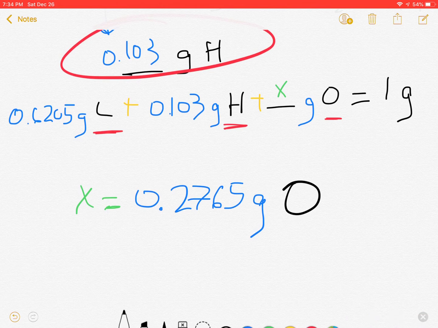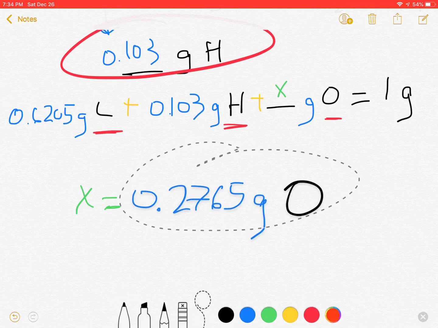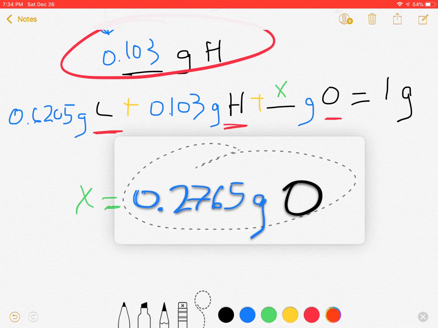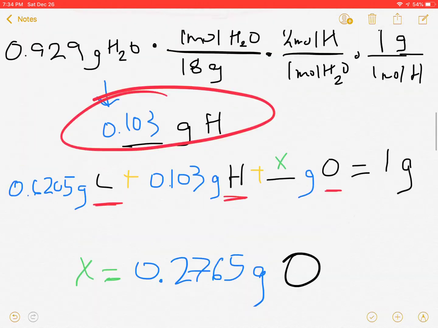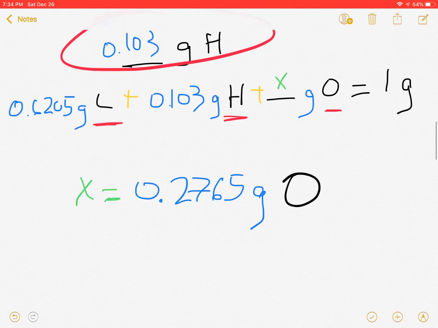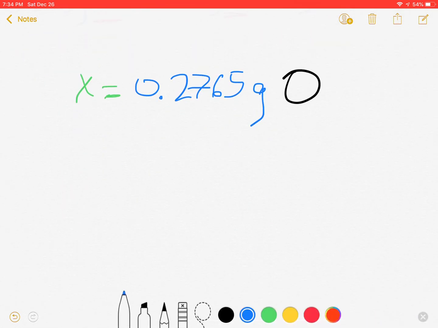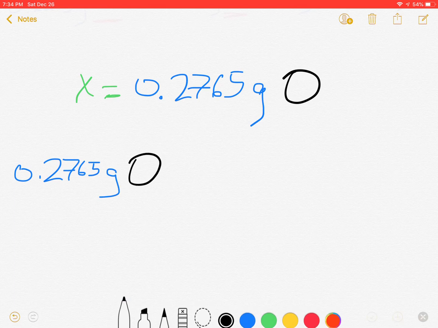So now we've gotten grams of oxygen, and we've also gotten grams of hydrogen and grams of carbon. So now I'm going to write this out right here so that we have all our values right next to each other. So we have 0.2765 grams of oxygen.